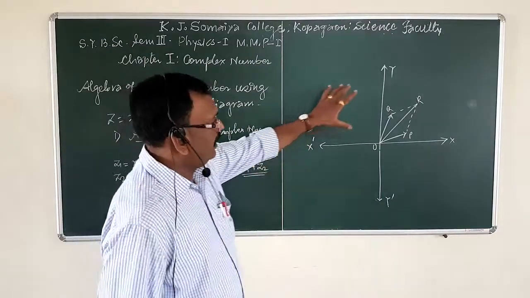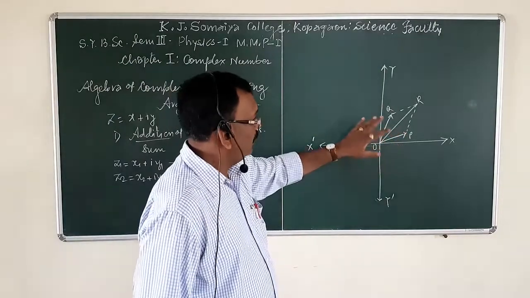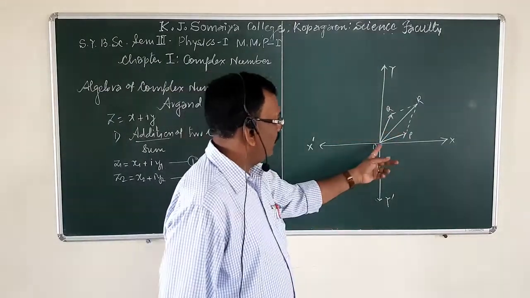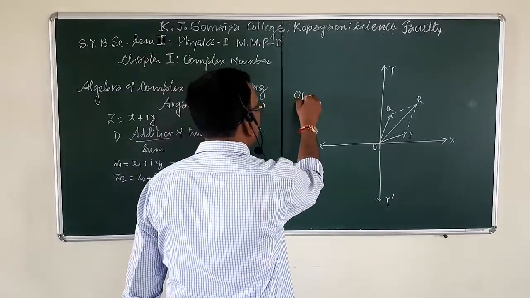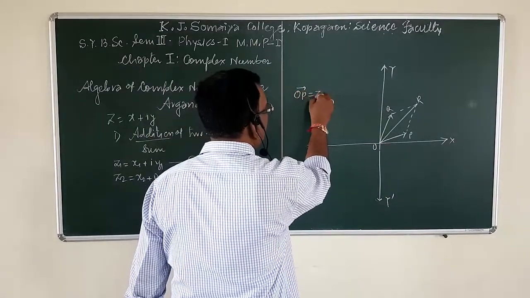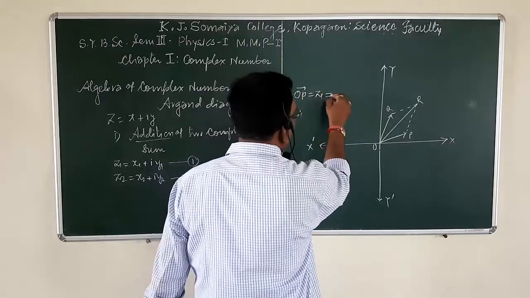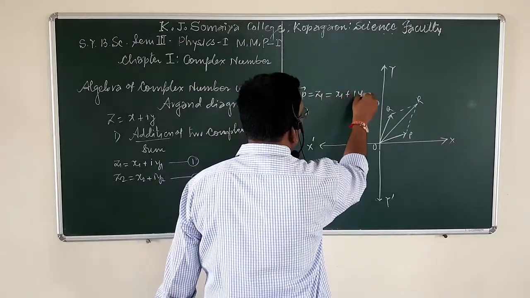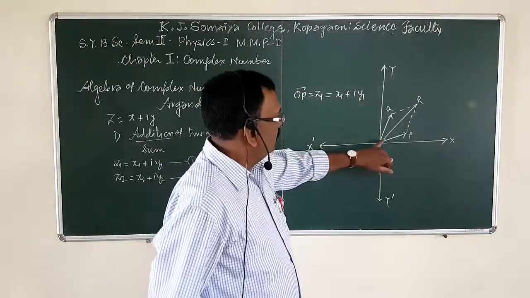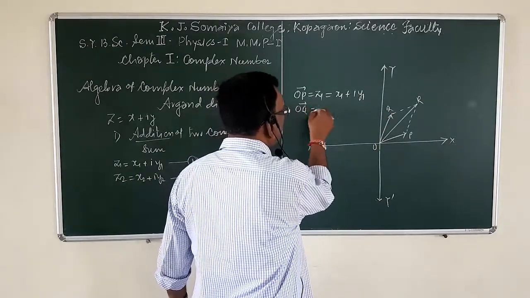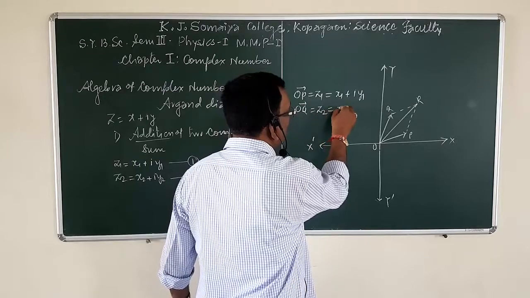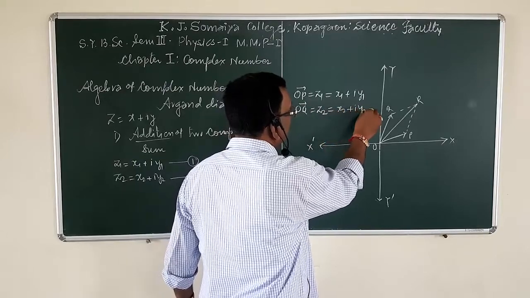For this purpose, consider an Argand diagram. On this Argand diagram, vector OP represents the first complex number, that is Z1, which is nothing but x1 plus iy1, and vector OQ represents the second complex number, that is Z2 is equal to x2 plus iy2.